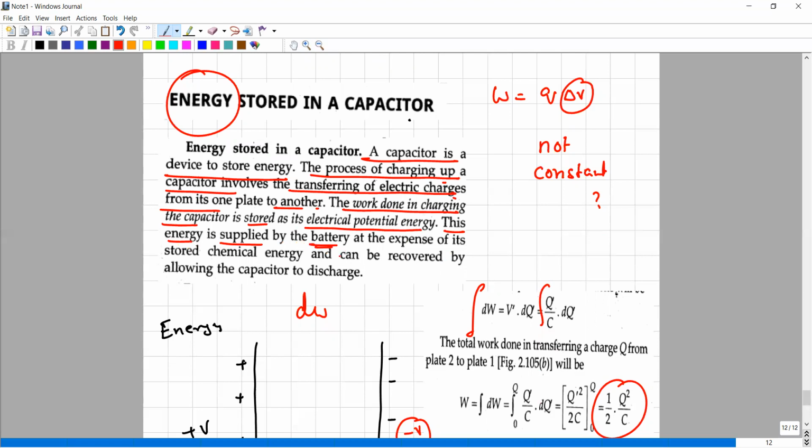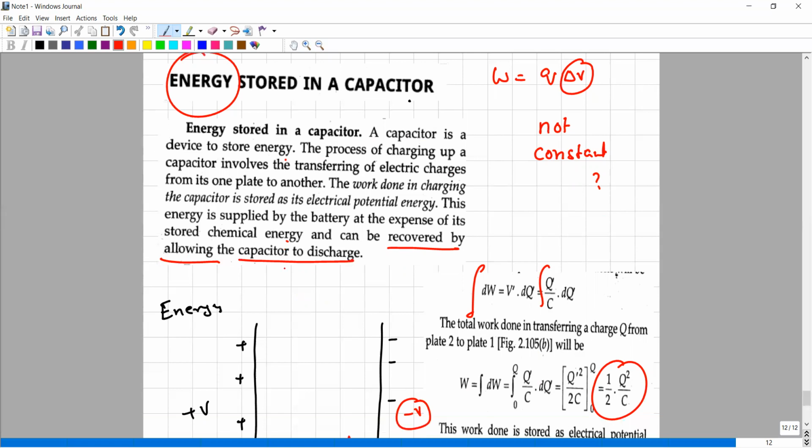As I told you, an external agent, here a battery, is going to supply this energy at the expense of its stored chemical energy. So where does the battery get energy from? From chemical energy. And once the energy is stored in this capacitor, this energy can then be retrieved. This energy can be recovered by allowing the capacitor to discharge.